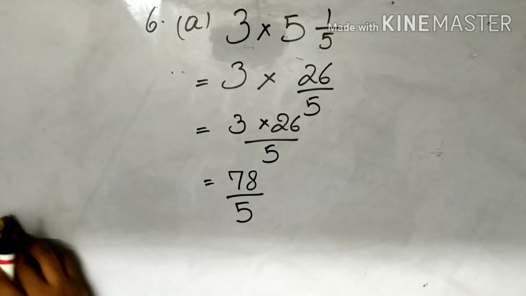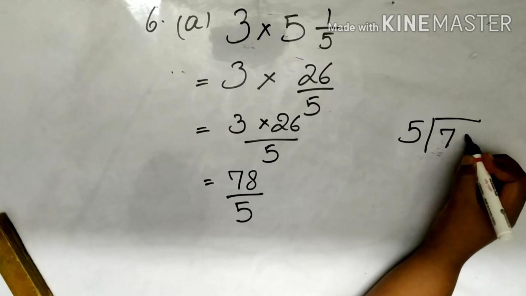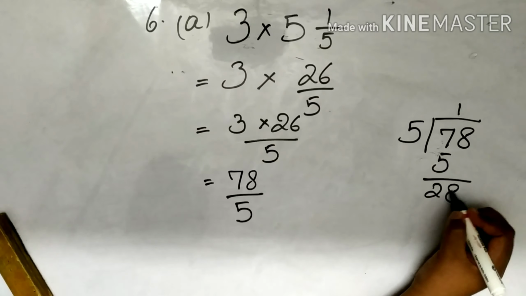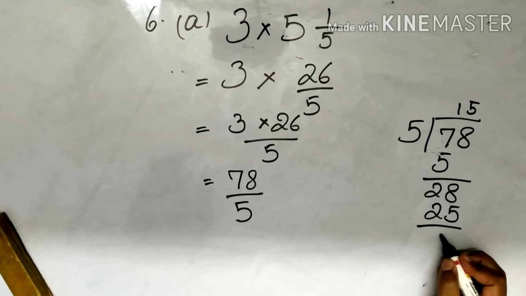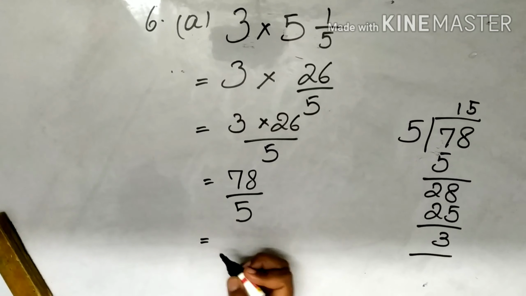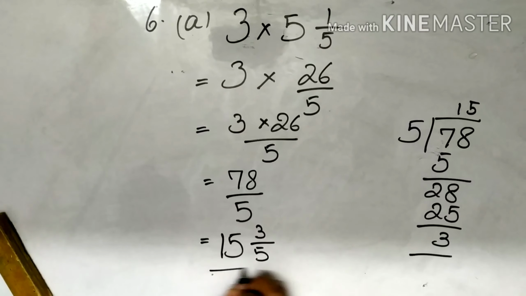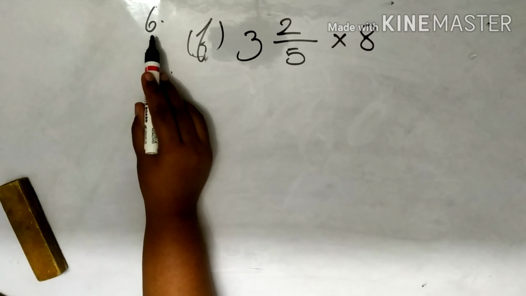To convert it into a mixed fraction, you have to divide. 78 divided by 5: 5 15s are 75, remainder 3. So the answer will be 15 3 by 5.